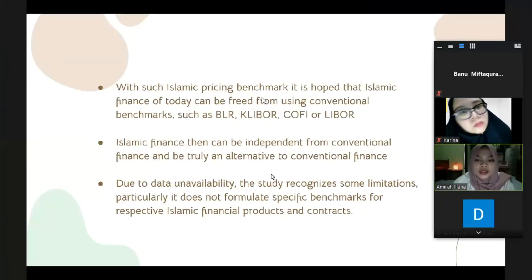And the last thing we have to know is that the study still has some limitations.